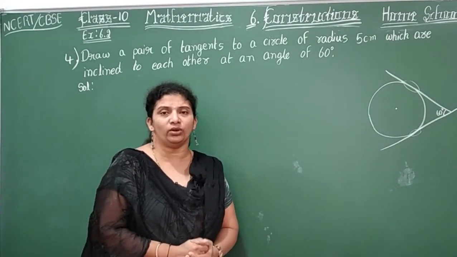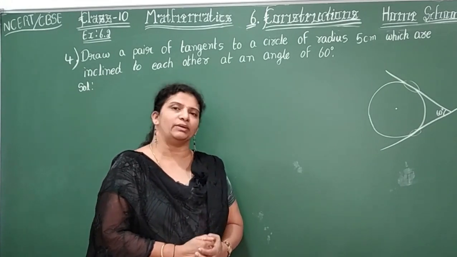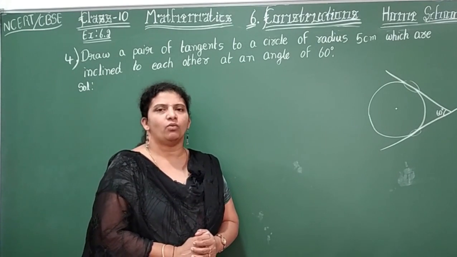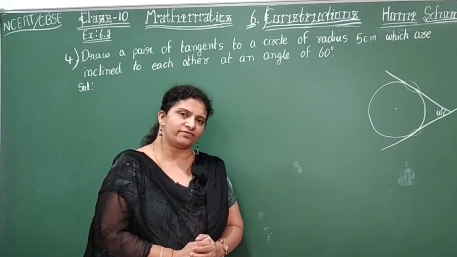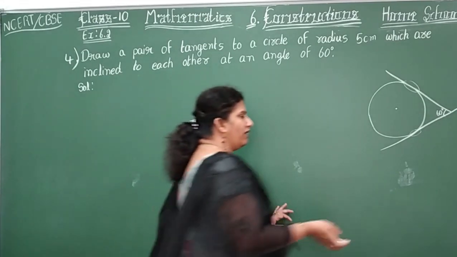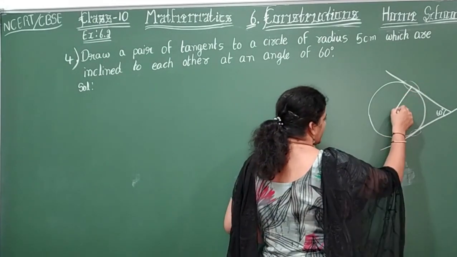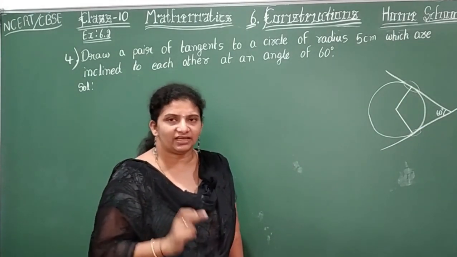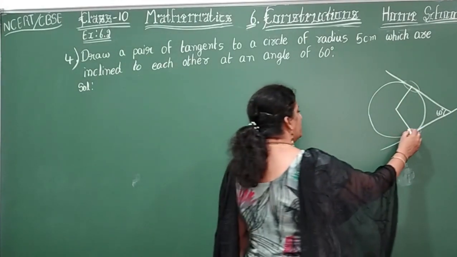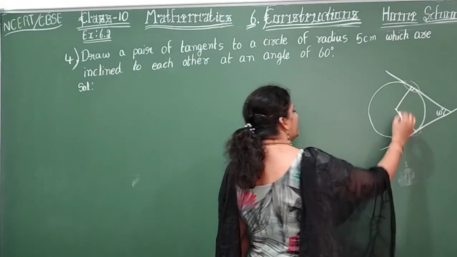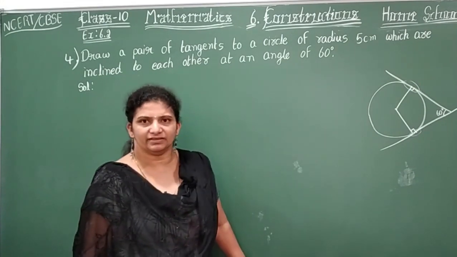What is the rule? You have to remember the sum of opposite angles of a quadrilateral. What is the sum of opposite angles of a quadrilateral, children? It will be 180. Now, a tangent is always perpendicular to the radius at the point of contact.